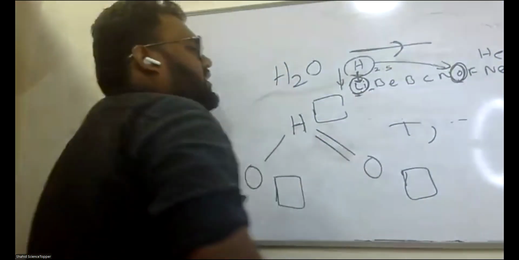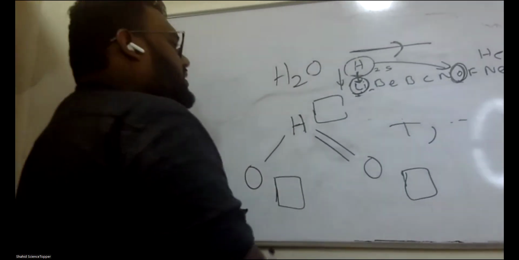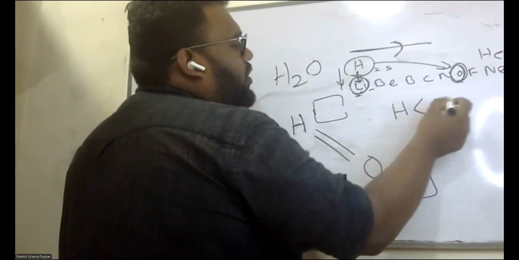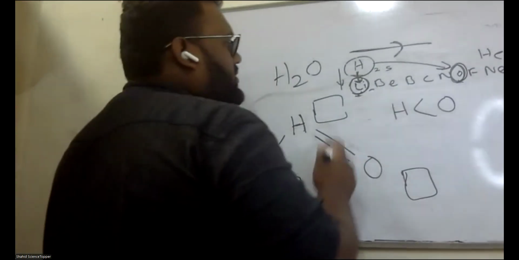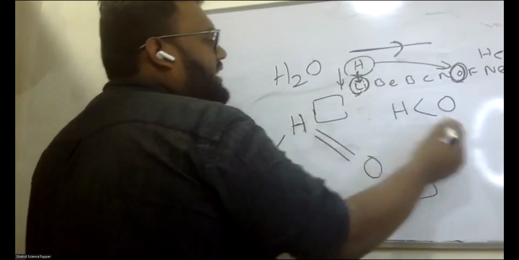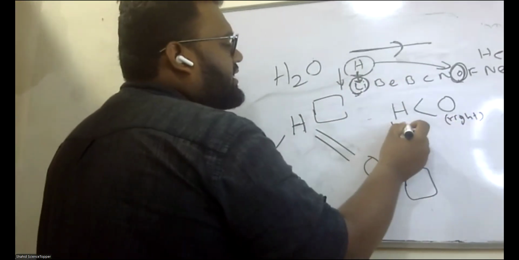So now tell me, what are the plus and minus signs we have to put? With this, you will understand: H will be plus. Oxygen has a high electronegativity because it is on the right side. Hydrogen is on the left.